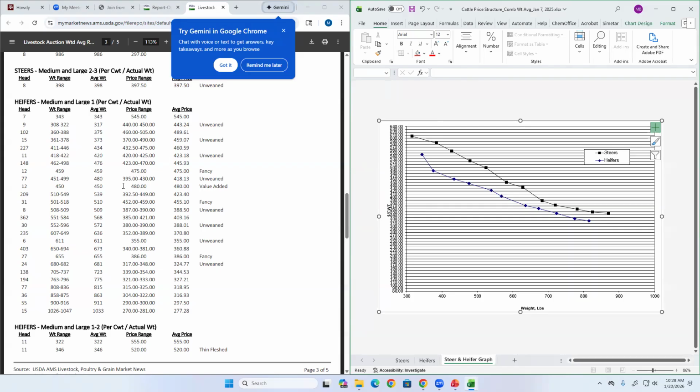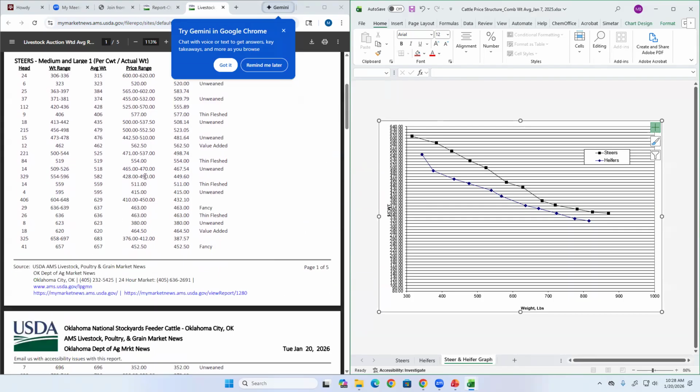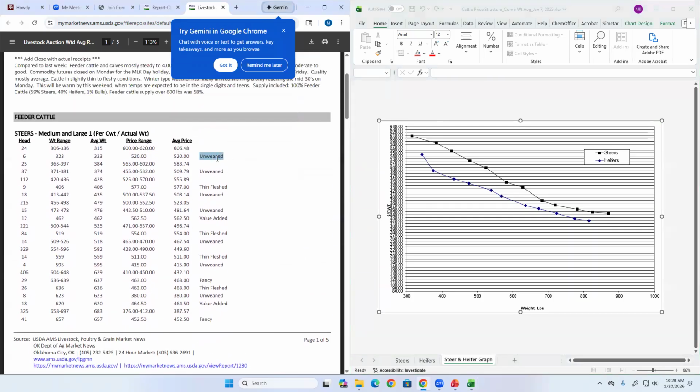Okay. What are some other things that we notice about unweaned versus this group here that's typical? So average weight was 323 versus 315.